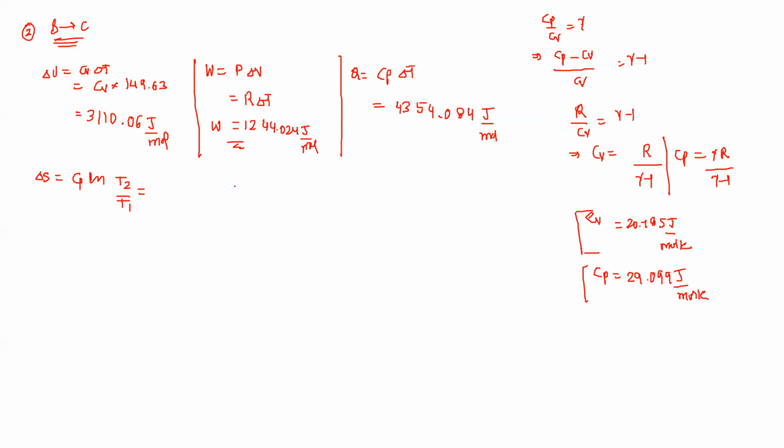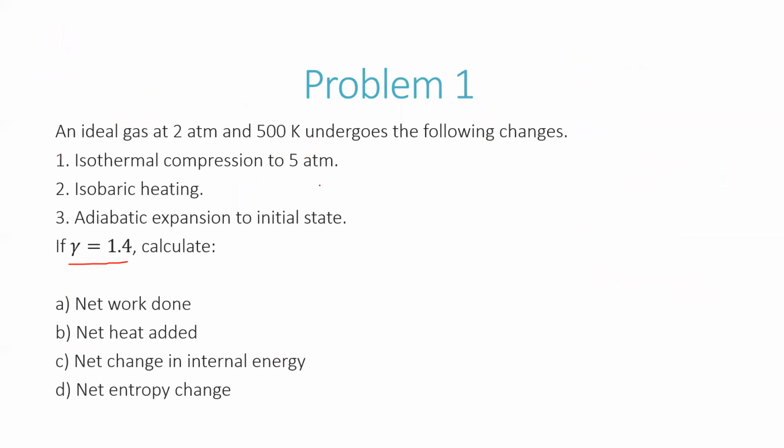Cp we know, T2 is 649.63 and T1 is 500. So we'll put the values over here and for delta S, we get 7.618 joule per mole Kelvin. All right, that's what we have.